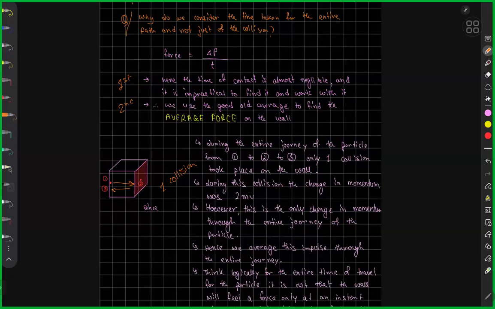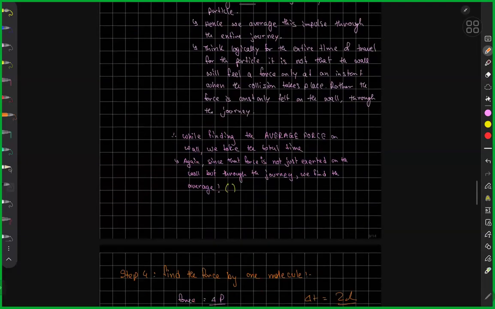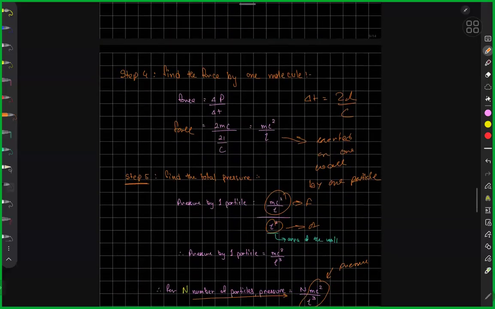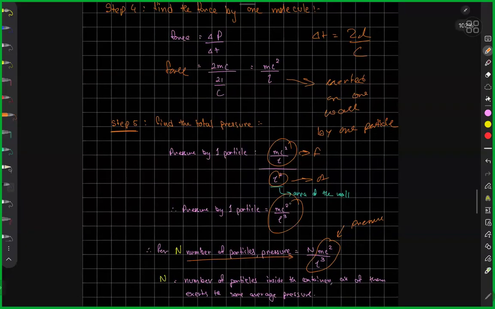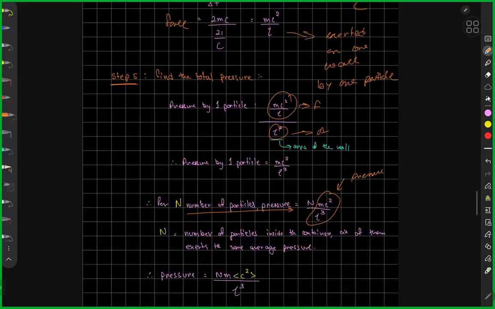As a result, we averaged the force out through the journey. And that average force resulted in an average pressure, P, of one particle. And that average pressure by one particle, I multiplied with n number of particles to get the total pressure on one of the walls. This is how we get the pressure.